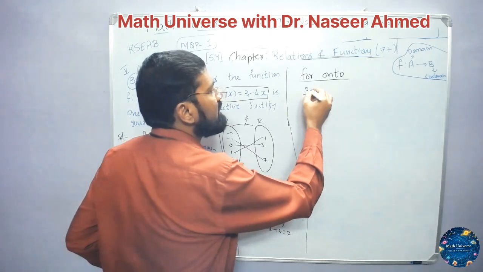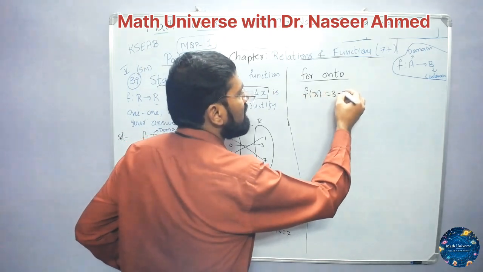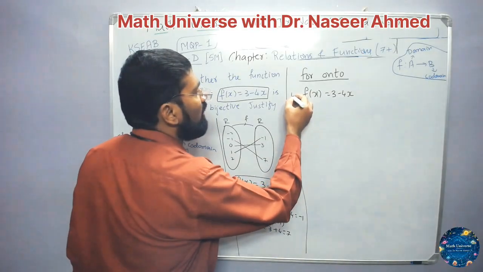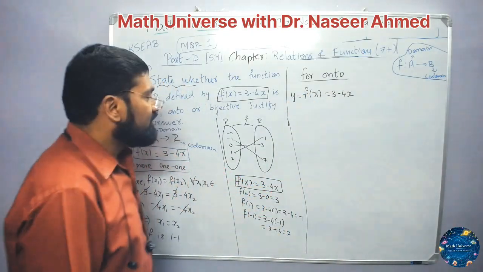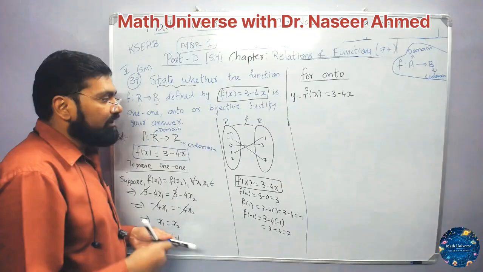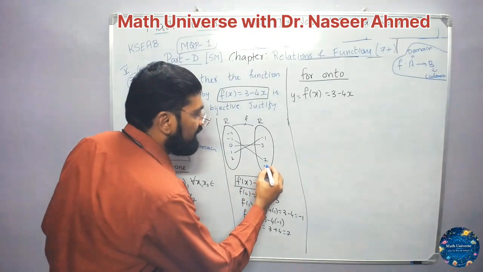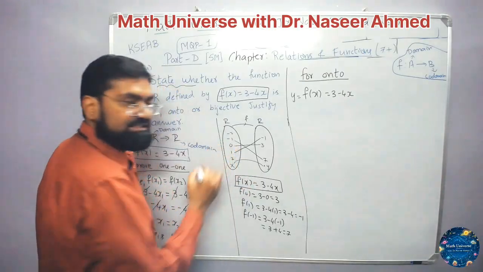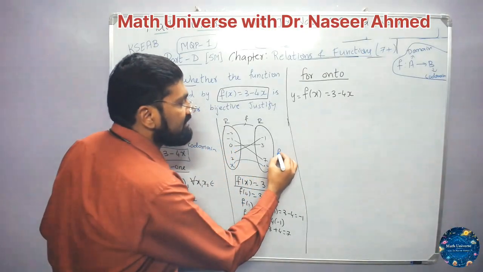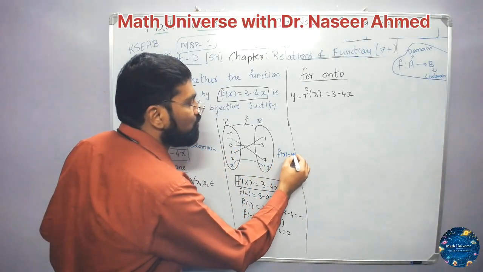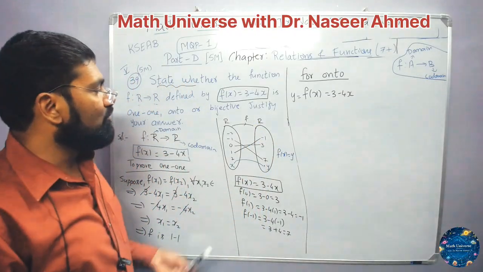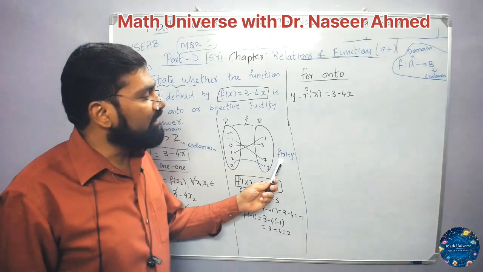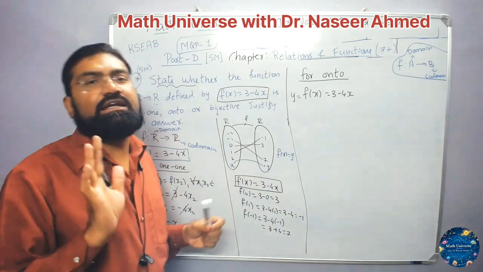I will consider the given function, and don't forget always it is equal to y. So for onto, for every element y in the codomain, we have to find a pre-image in the domain such that f of x is equal to y. So I am going to first find the pre-image, and then prove that f of x equals y. Only then it is onto.